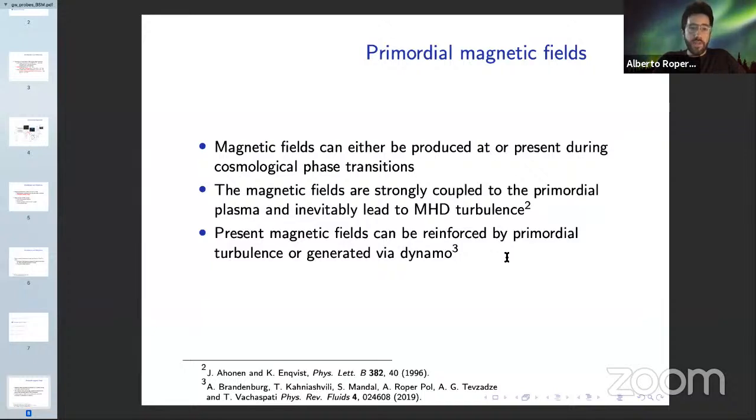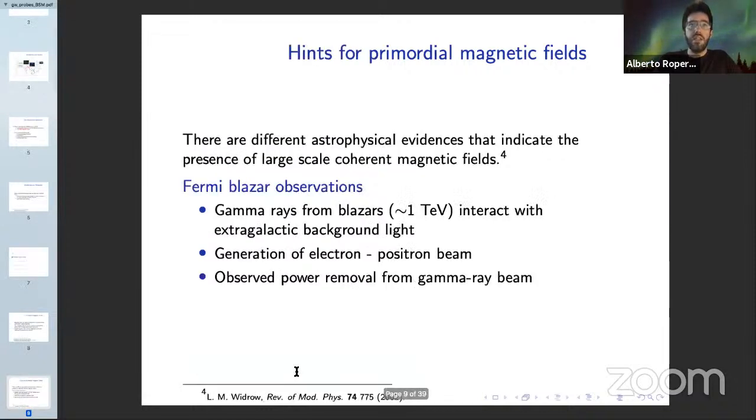On the other hand, even if they are not generated during the phase transition, if there is a magnetic field that has been generated at earlier epochs than the phase transition, then it would be reinforced by the primordial turbulence. Or also, if there is hydrodynamic turbulence, magnetic fields can be generated via dynamo, due to the hydrodynamic turbulence, as we studied in a paper from 2019.